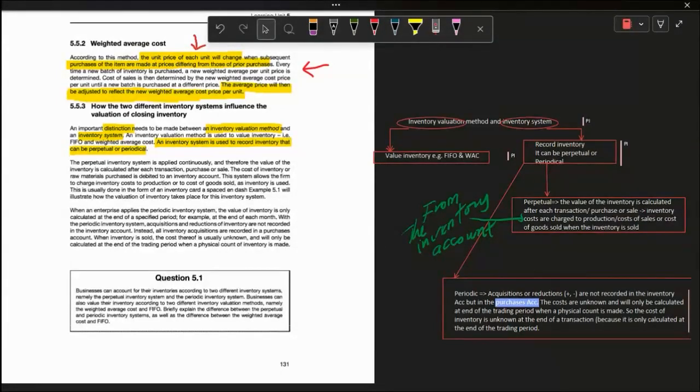Why? Because shops are using a perpetual inventory system. What does it mean? They know at all times what has come out and what they need to bring in to replace what has come out. Does that make sense to you?